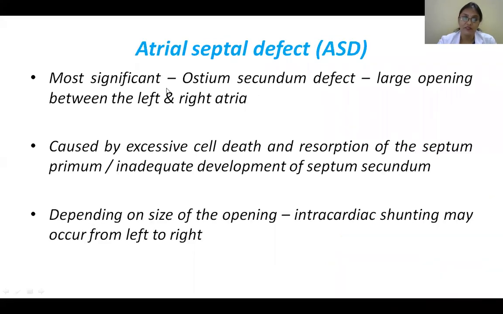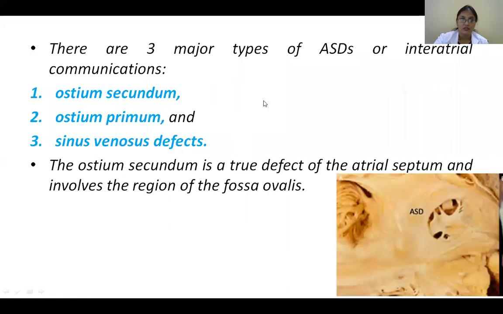Then atrial septal defect, the most significant is the ostium secundum defect. So there's a large opening between the left and the right atrium. This is caused by excessive cell death and resorption. Normally I've shown you small perforations and a gap comes, and again that's going to get healed. But too much of a gap which cannot be closed can cause the atrial septal defect. So there are three major types.